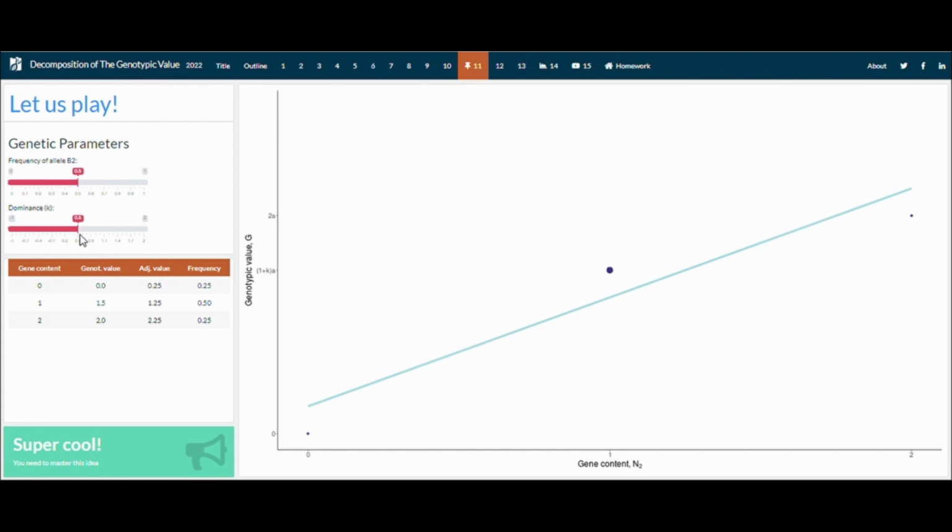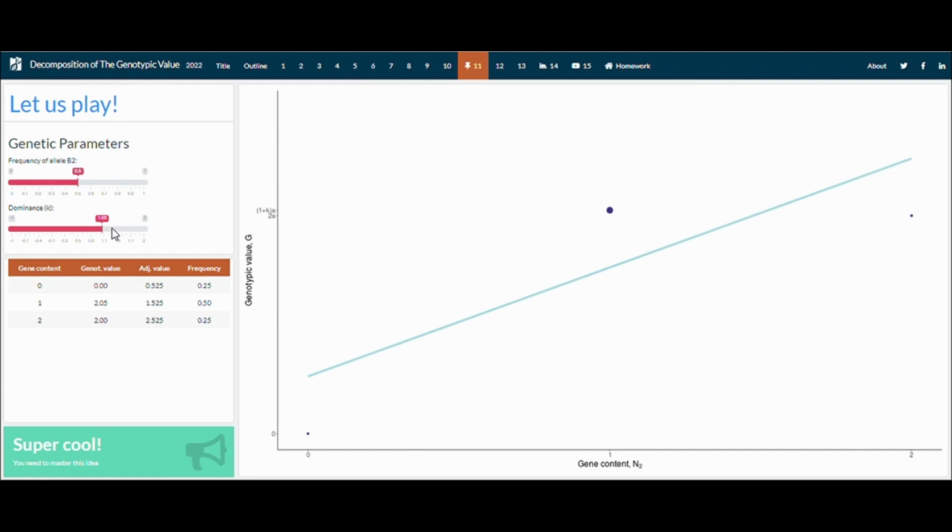Now, when we set the dominance value to 1 and keep the frequency at 0.5, we have the situation in which the B2 allele has full dominance over the B1 allele, causing the heterozygote to behave the same way as the homozygote. By decreasing the frequency of B2, we observe an increase in the slope of the line.